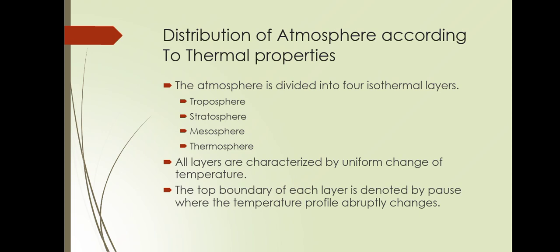When one layer finishes and the other starts, the boundary line between the two layers is denoted by a pause. When the troposphere finishes and the stratosphere starts, that boundary is the tropopause, then the stratopause, then the mesopause, and so on.